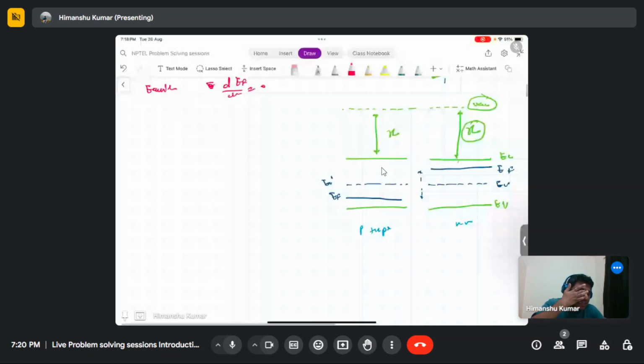After some time equilibrium will be achieved, and the same concept applies here.